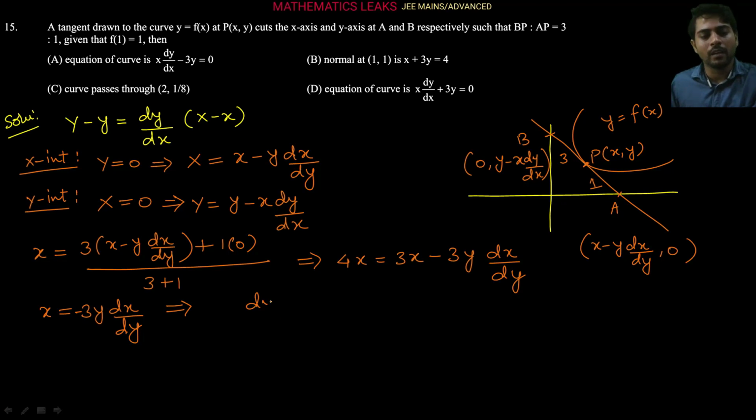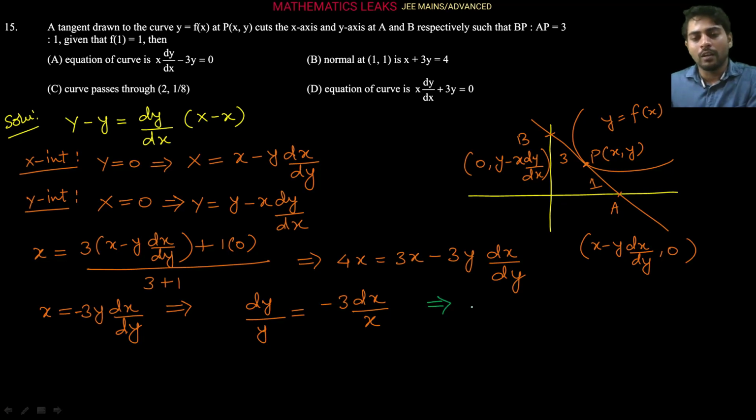dy upon y equals minus of 3 times dx upon x, right? So on integration we will get ln of y, natural log of y, equals minus of 3 natural log of x plus natural log of c, right?